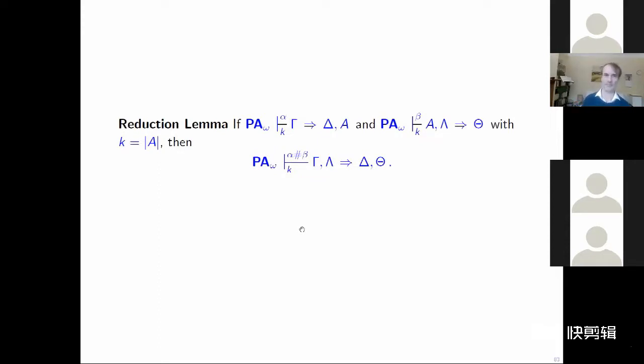So the reduction lemma is the case where you have a formula A, and then you want to cut it. You have two derivations, and this is a situation where the A could be cut out.